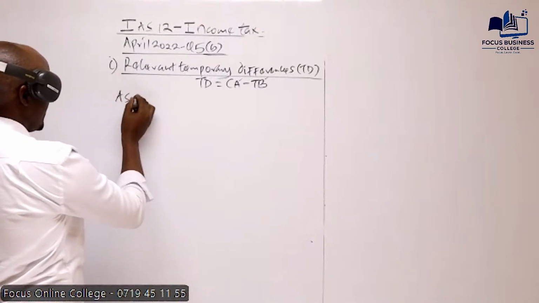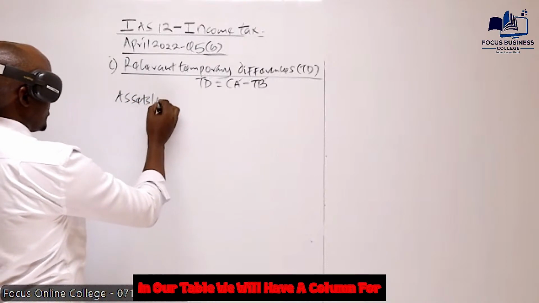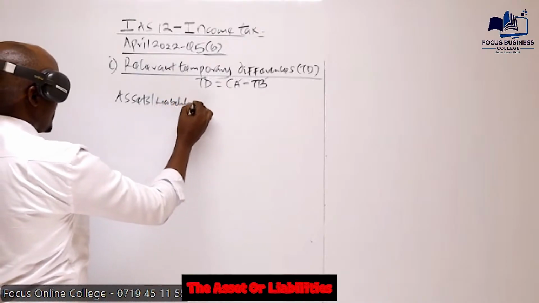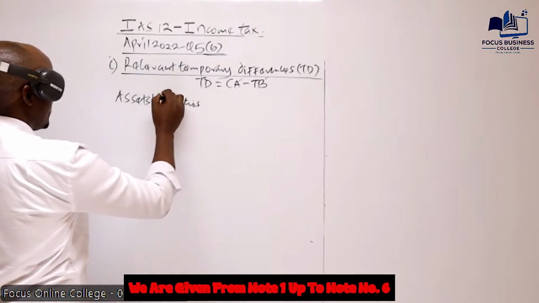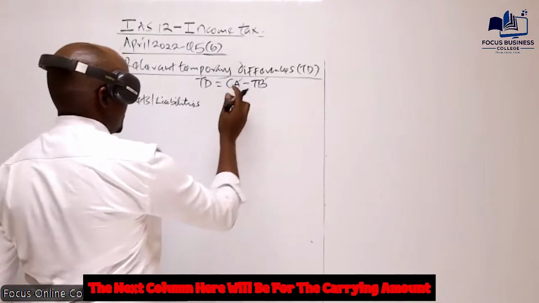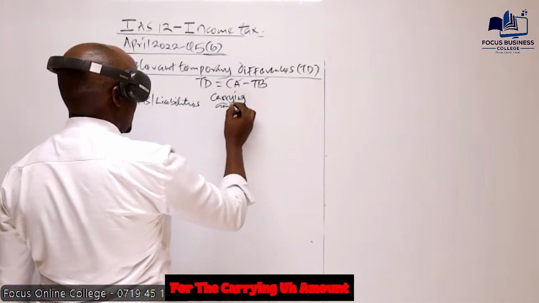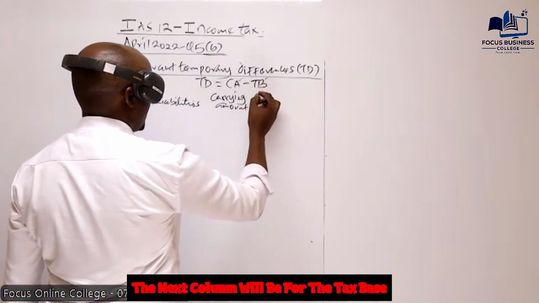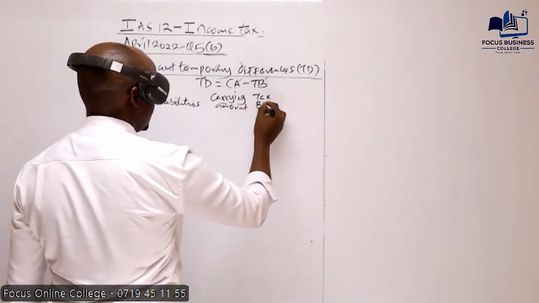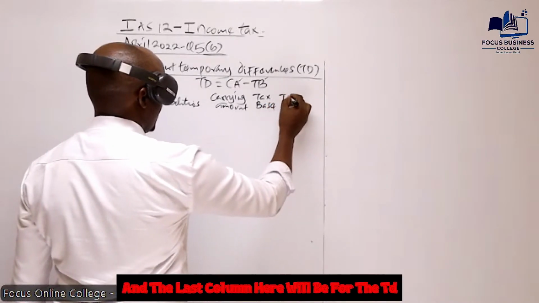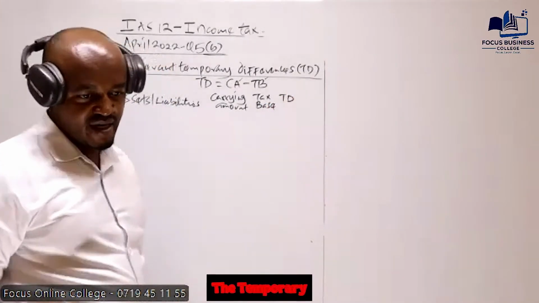In our table, we will have a column for the assets or liabilities given from note 1 up to note number 6. The next column will be for the carrying amount. The next column will be for the tax base. And the last column will be for the TD, the temporary difference.